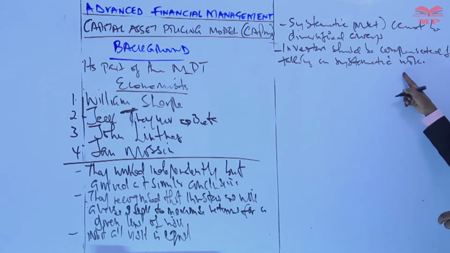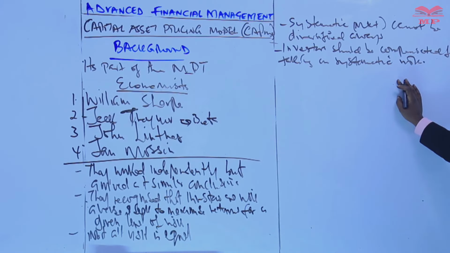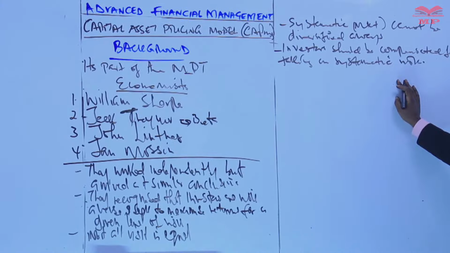Others are not. So CAPM posits that investors should be compensated for taking on systematic risk, and the more systematic risk an investment has, the higher its expected return should be.